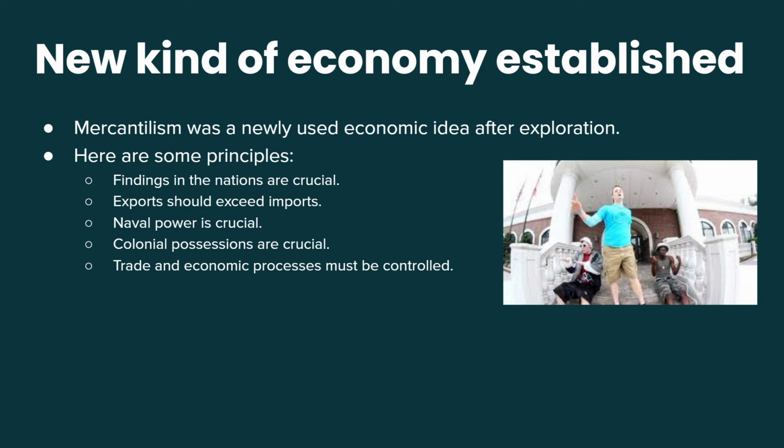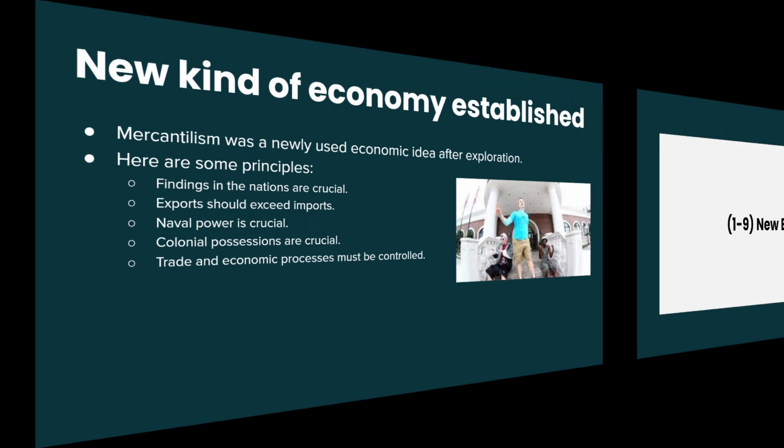Naval power is crucial, colonial possessions are crucial, and trade and economic processes must be controlled. With all this, that's how the upper class can be rich. That's what this video, Mercantilism Rap, is about, and you should watch that if you don't understand what this means, because it explains it.